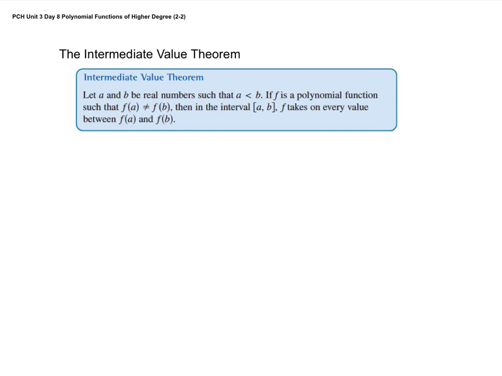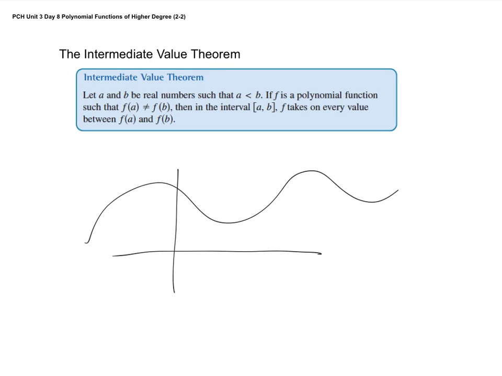Okay, so let's think about this and illustrate it so far. We've got this polynomial function. We don't know what it looks like exactly, but there's a polynomial function. And let's say, here's A, which means this right here would be f of A. And then we also have a point over here.